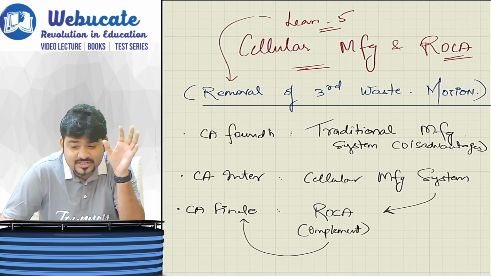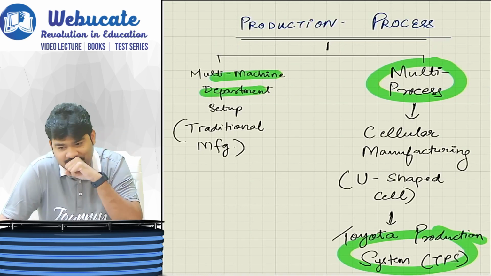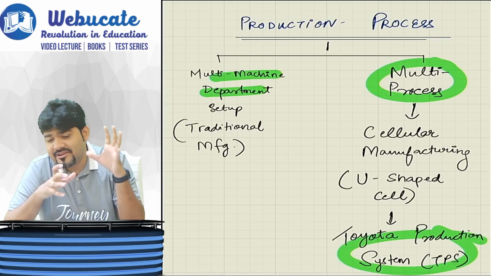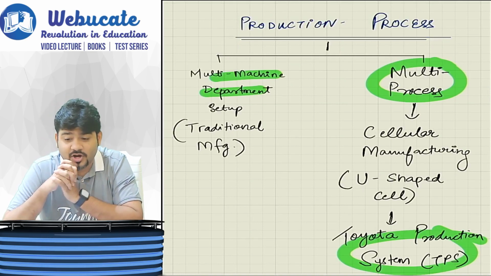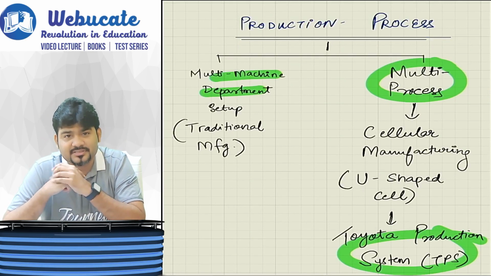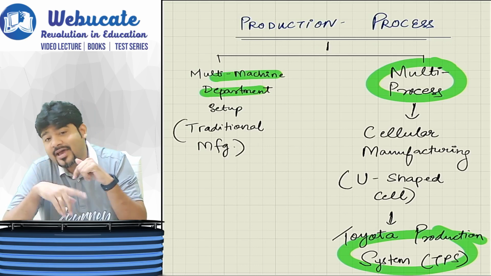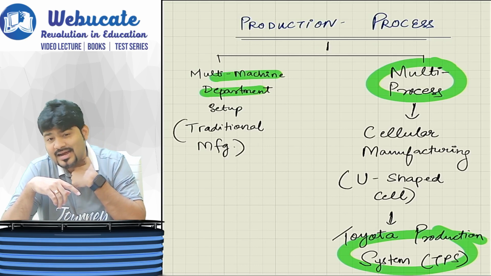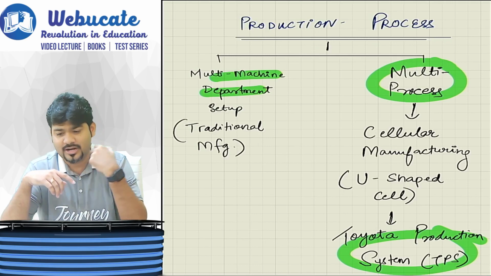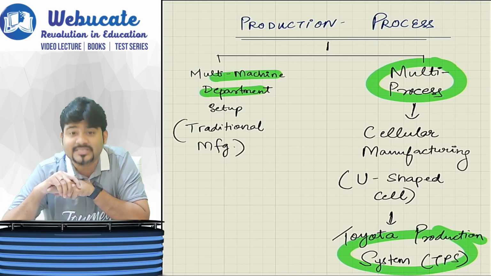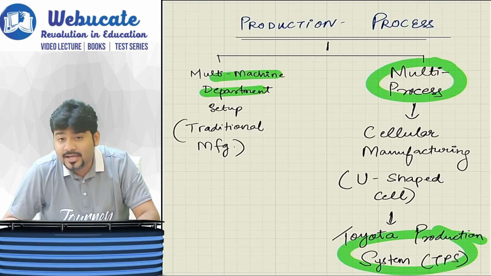So what was the traditional manufacturing system? Just to give you an idea, the traditional manufacturing system focused on multi-machines, whereas the current or new system, called cellular manufacturing, focuses on multi-process.